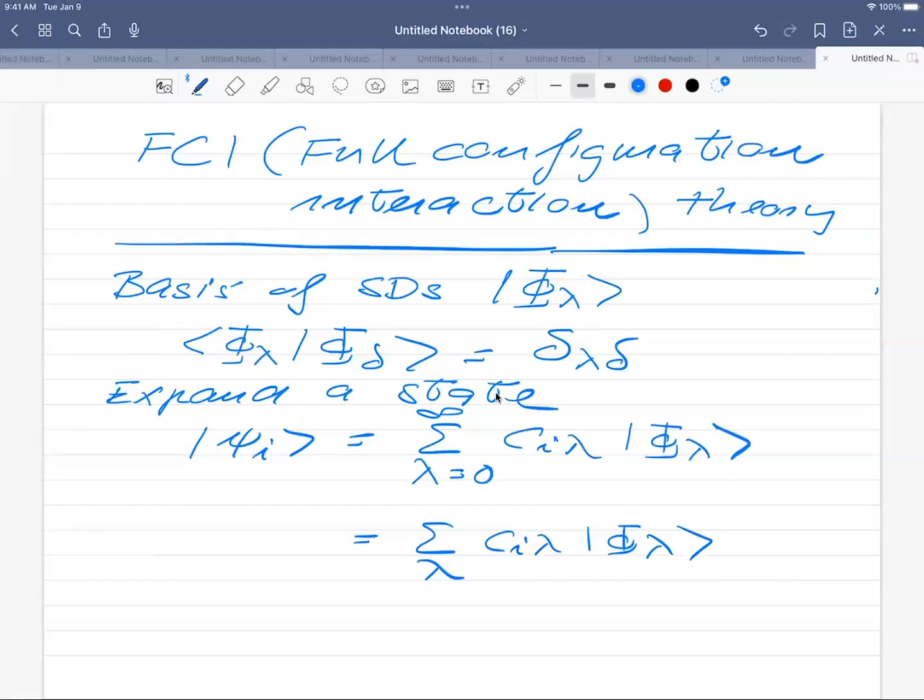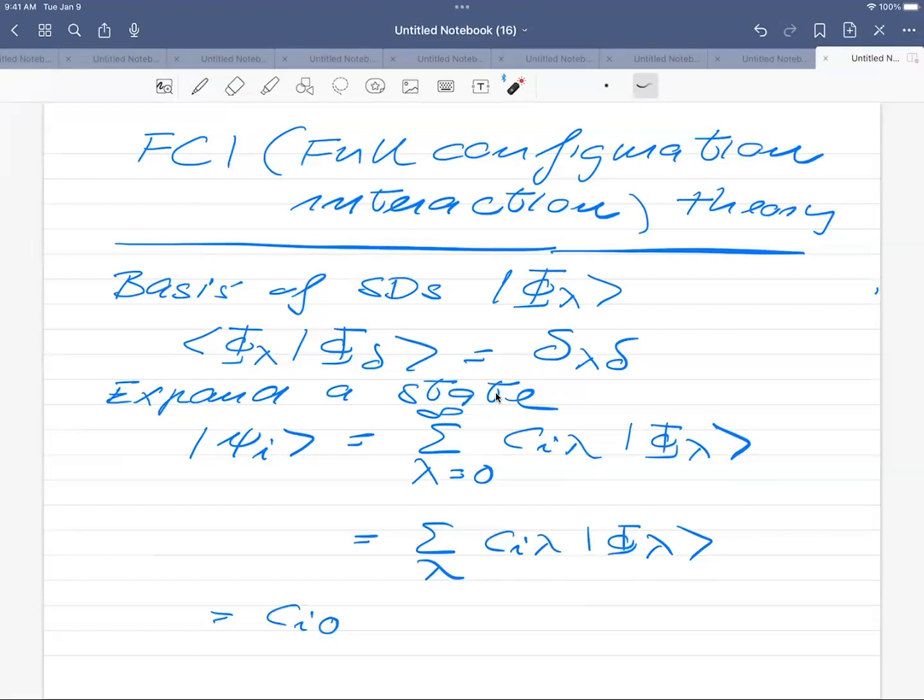And this is something we will rewrite now as a C of I. So this I can be the ground state of the system, or it can be any state of those 70 states. So when we are going to diagonalize the Hamiltonian matrix, the coefficients we get when we diagonalize, the eigenvectors, are actually these coefficients. That's what we will obtain from the diagonalization problem.